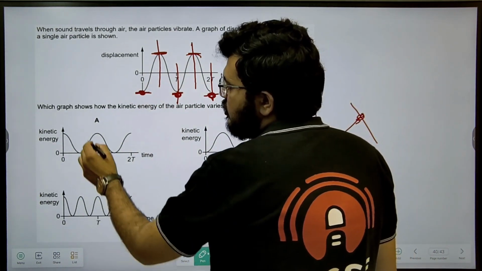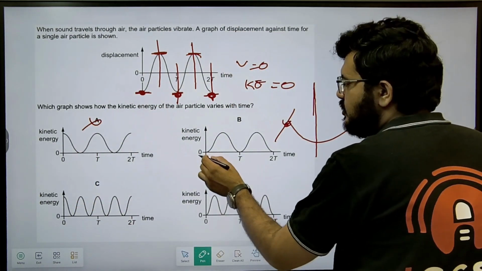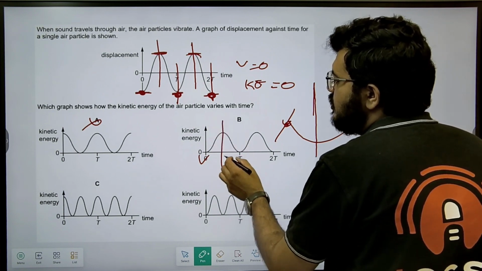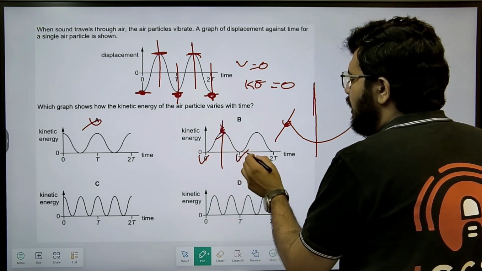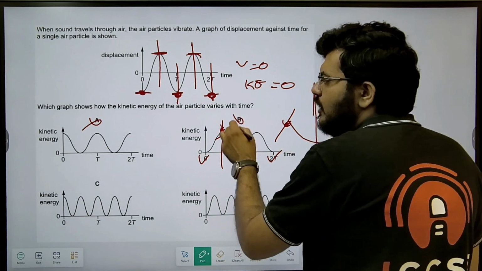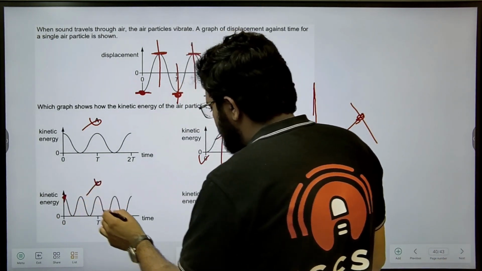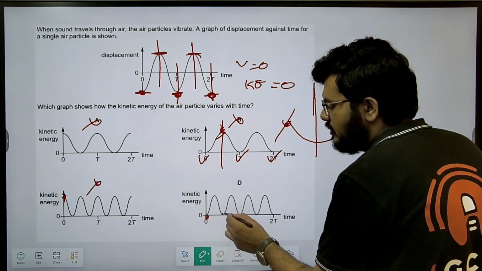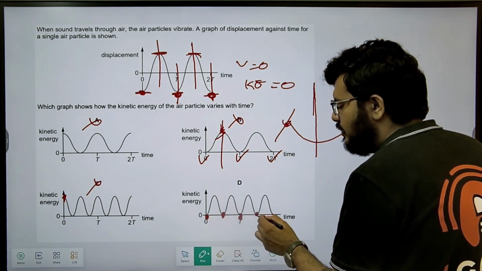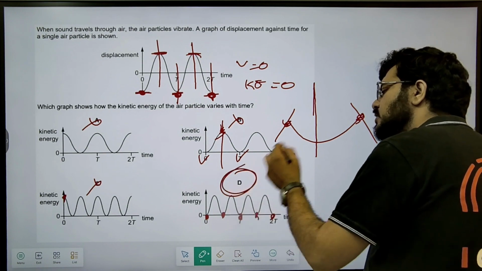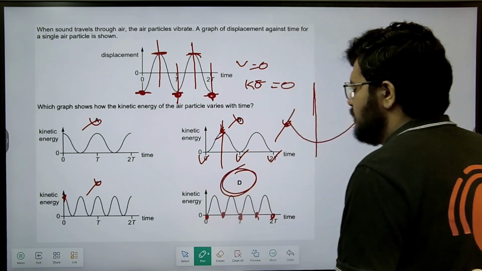But this cannot be your answer. Kinetic energy is 0 at start, non-zero somewhere in between, 0 at t, again non-zero in between, and again 0 at 2t. So D is your correct answer.